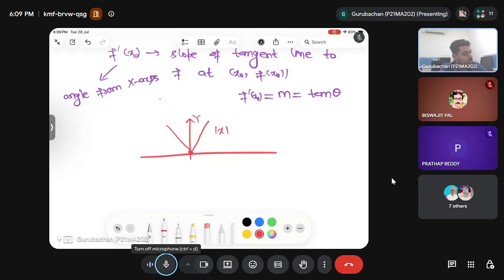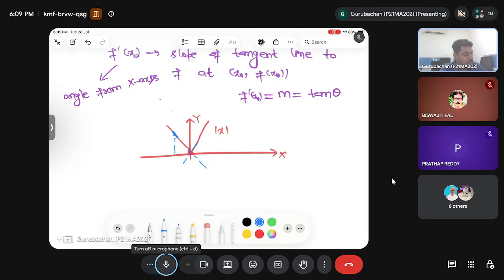This function is not differentiable at x equal to 0. Why? Because while trying to draw the tangents, suppose this is one tangent and this is a different tangent. For differentiability, there must be a unique tangent at that particular point. For example, at this point there is only one tangent, which is parallel to this.